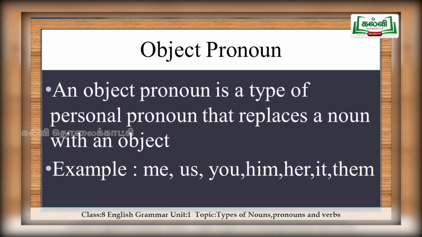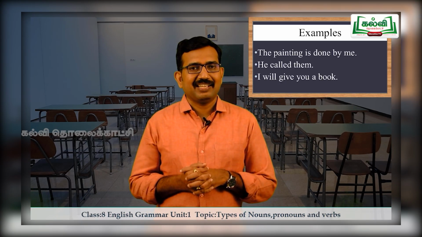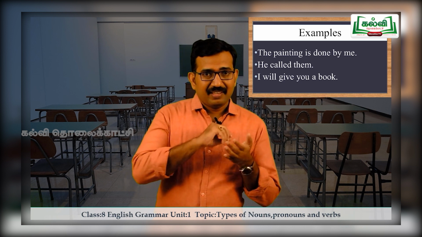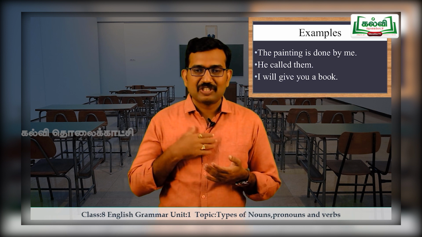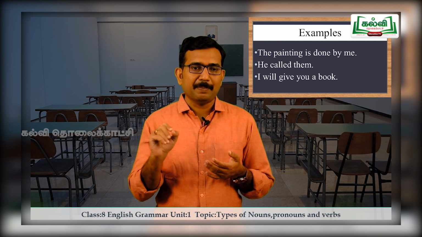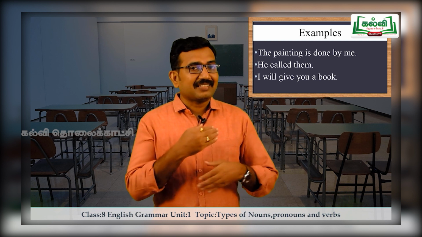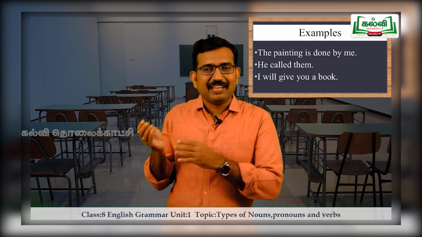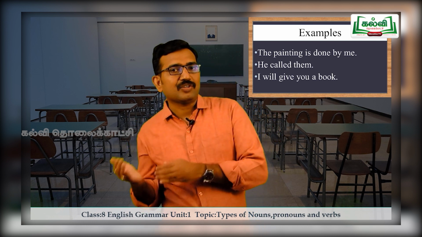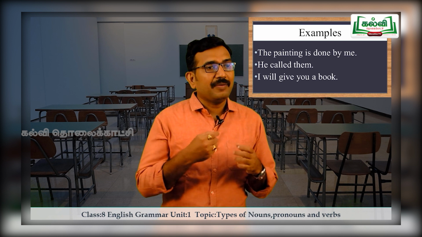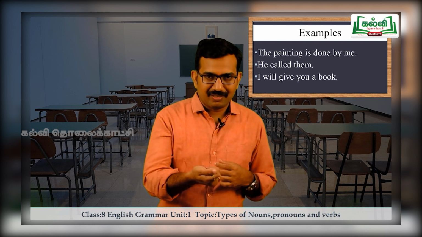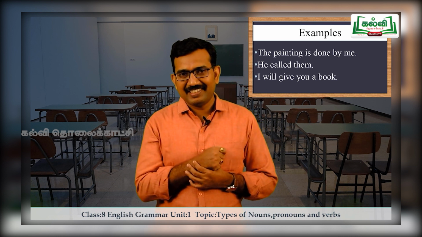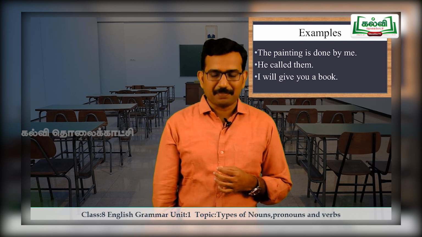I'll tell you some sentences. The painting is done by me. So here the object pronoun is me. The next sentence is he called them. So here you can find them as the object pronoun. I will give you a book. What is the object pronoun here? You is the object pronoun.